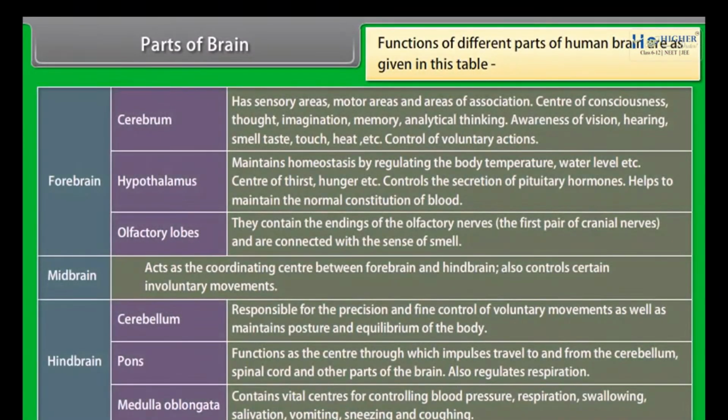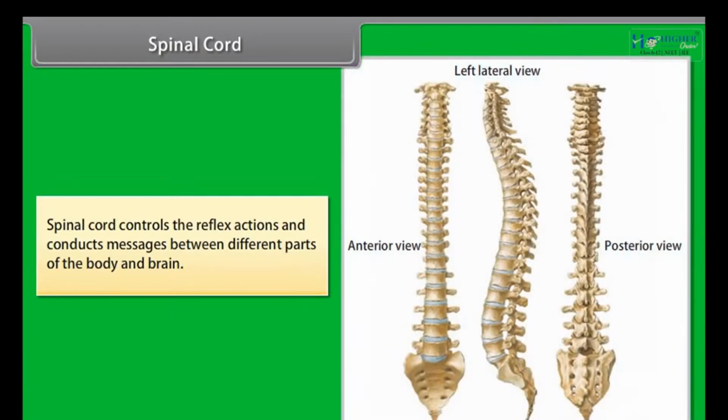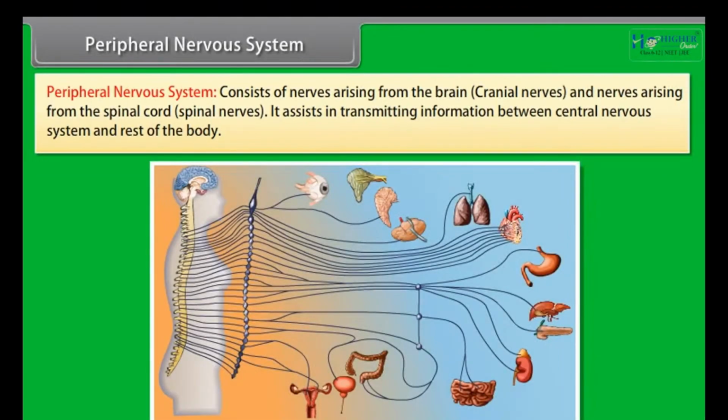Functions of different parts of the human brain are as given in this table. Spinal cord. Spinal cord controls the reflex actions and conducts messages between different parts of the body and brain. Peripheral nervous system. Peripheral nervous system consists of nerves arising from the brain, cranial nerves, and nerves arising from the spinal cord, spinal nerves.